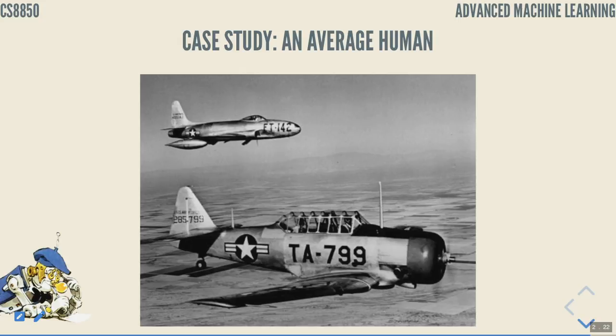So for the warfighter planes, he measured just 10 features of 4,063 pilots, and those features included height, chest circumference, sleeve length, anything that would matter for building the cockpit to make it comfortable for an average human.